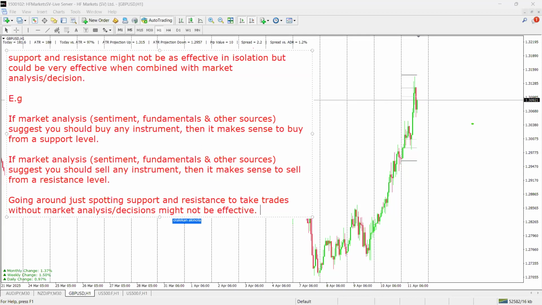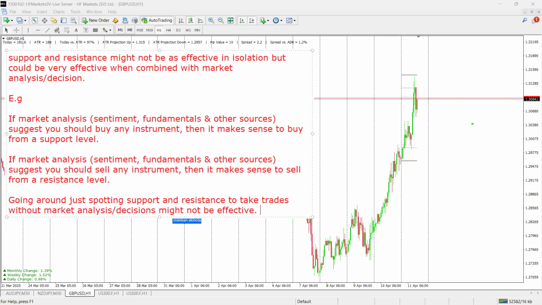If you are just going to your chart, just looking for support and resistance, and once you find support you want to buy, once you find resistance you want to sell, if you live your life like that, you will really enjoy trading support and resistance.